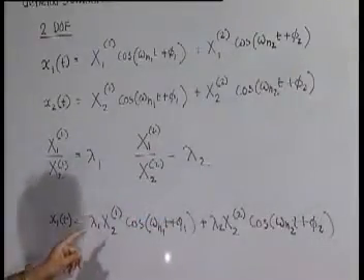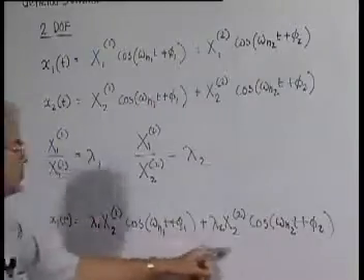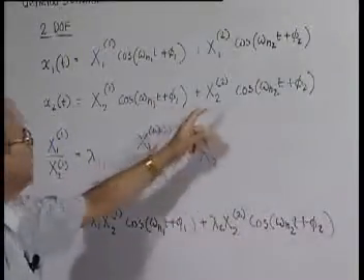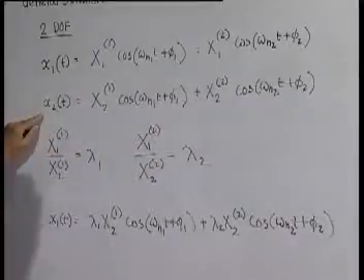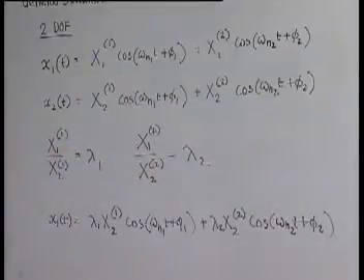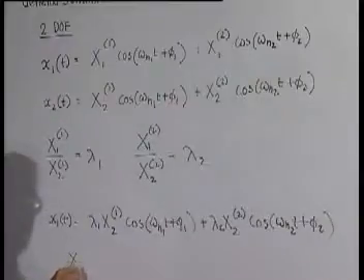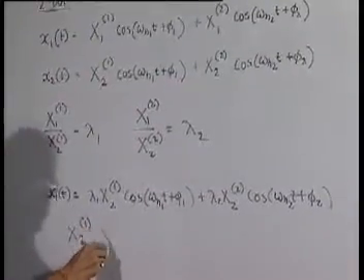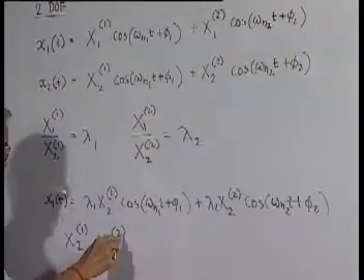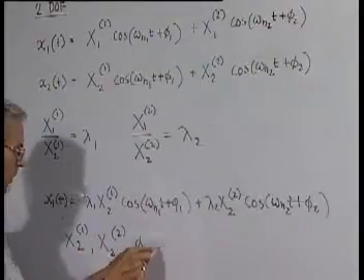So, how many unknown quantities will we be handling? Because these things will be known after solving the natural mode oscillations, this lambda 1 and lambda 2 will be known to us. So, they are not unknown quantities. Unknown quantities will be x21, x22, phi 1 and phi 2.